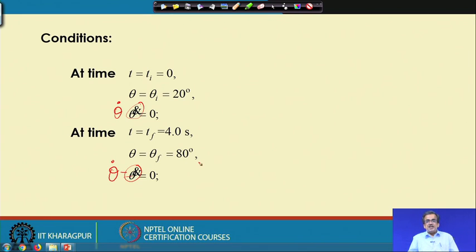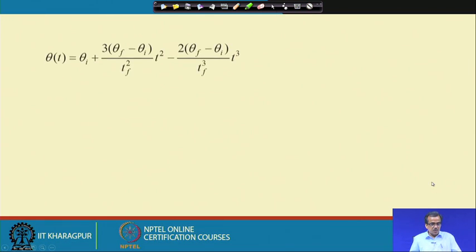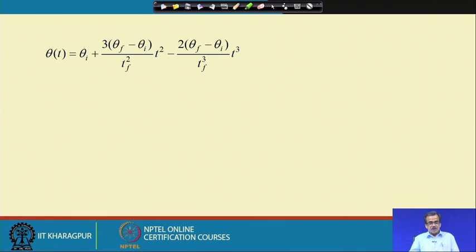So, these are the conditions, and based on them we can find out the values of the coefficients, and the final expression of the cubic polynomial. The final expression is theta t equals the initial theta, which is the known condition.